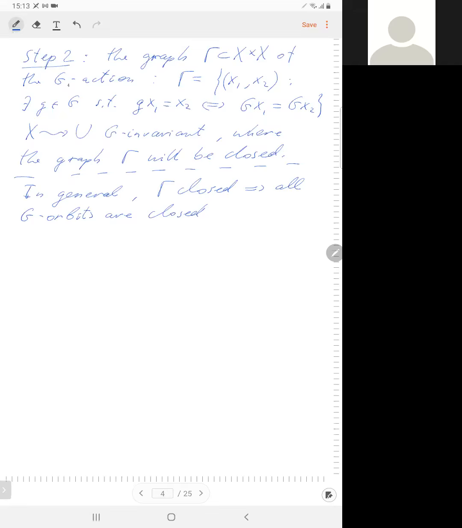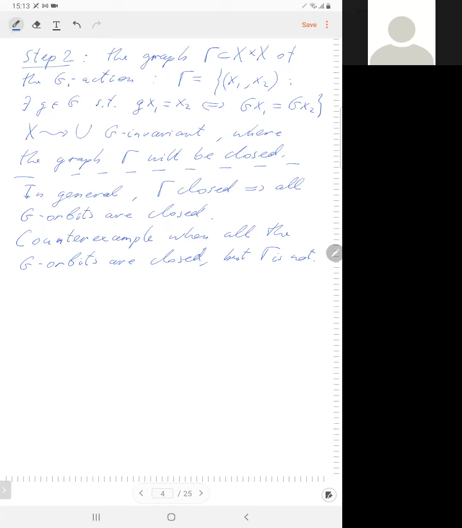But unfortunately, the converse is not true. So let's consider a counterexample, when all the G orbits are closed, but gamma is not closed.